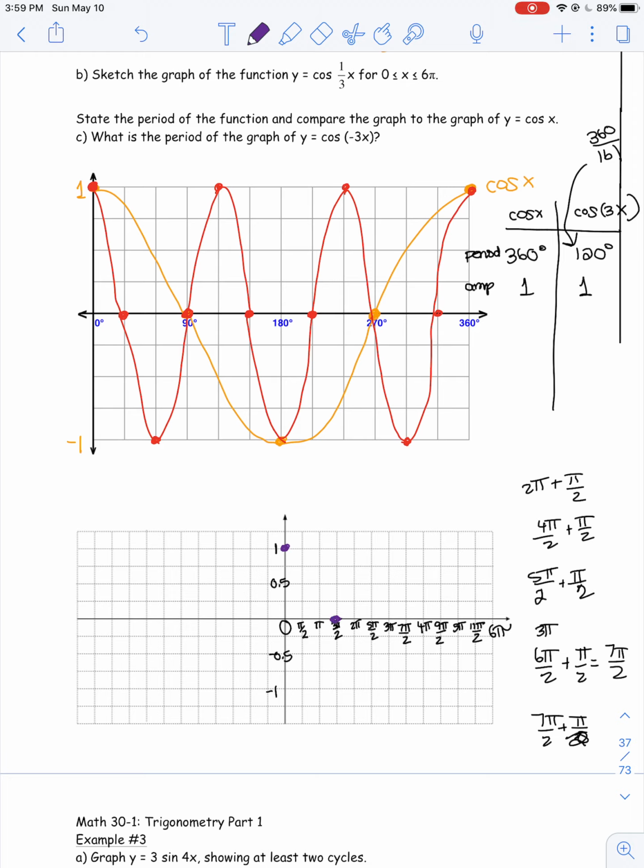So I'm looking at my graph, and I know it's going to cross at the third interval, which is if you go trace 3 pi divided by 2, you should see that that is an x-intercept. So I'm going to plot going through those. And then another 3 intervals will be the minimum value. So at 3 pi, if you go trace 3 pi in your calculator, you should see that that is where it's equal to -1.